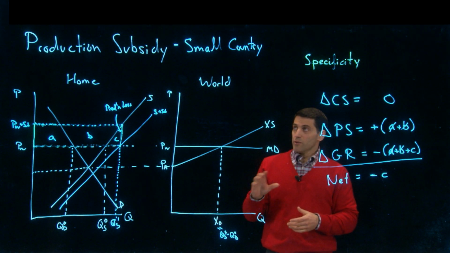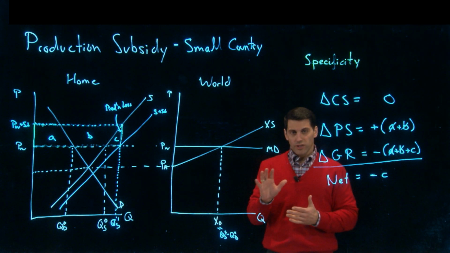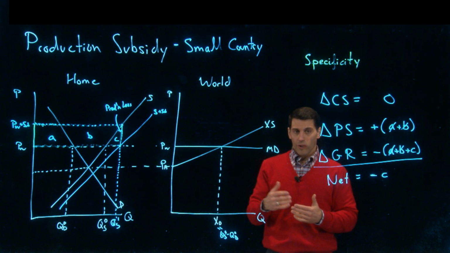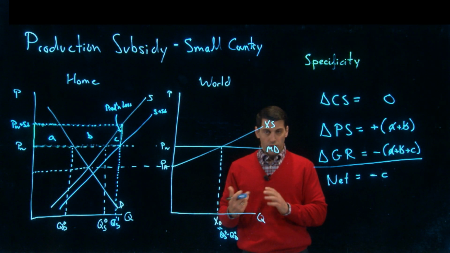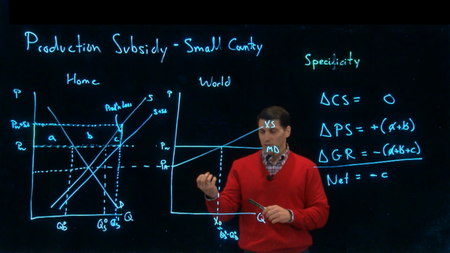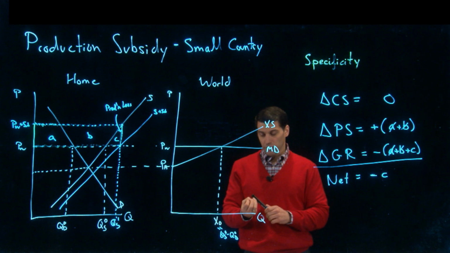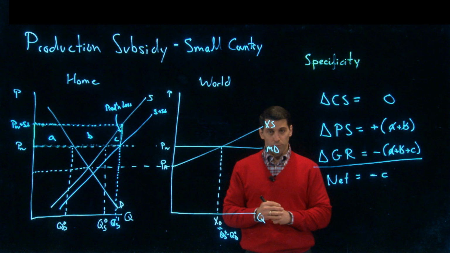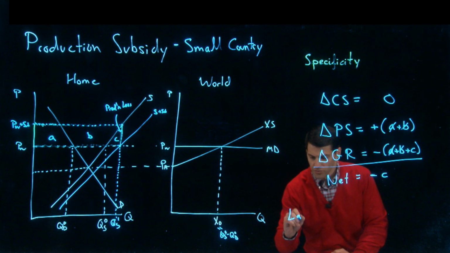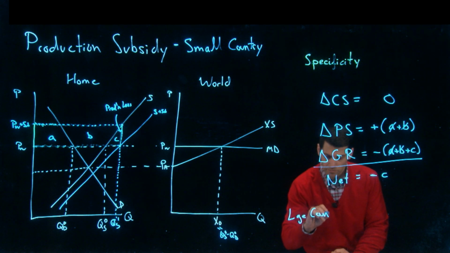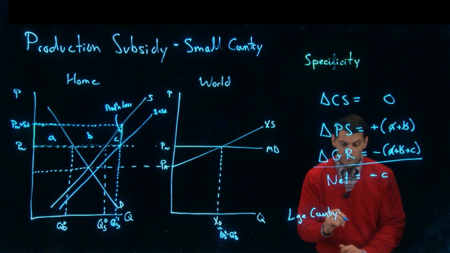Now, as I said, I'm not going to draw all the graphs again for the large country case. But again, you want to go back and think, what happened with the large country case? We saw this big shift out of the supply curve, and that ended up putting downward pressure on the world price, and it created this overall distortion, right?